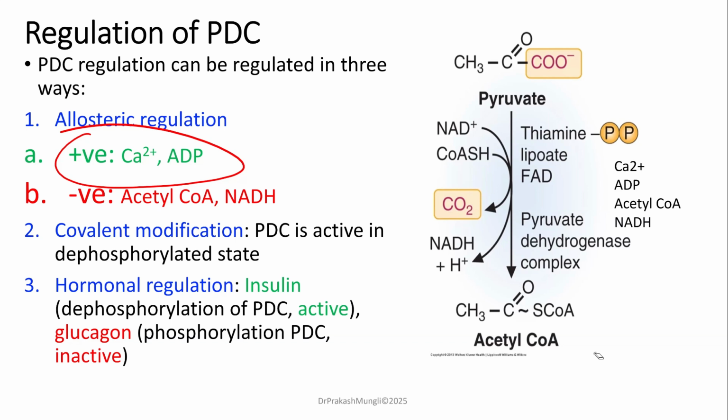Low energy. That's why it is keeping glycolysis high, right? So lack of ATP means you will have more ADP and more AMP. More ADP, more AMP means it's a hunger signal. So metabolism goes faster. That's why AMP is a positive modulator on glycolysis at PFK1 and ADP is a positive modulator on the pyruvate dehydrogenase complex. Eventually, metabolism goes faster.